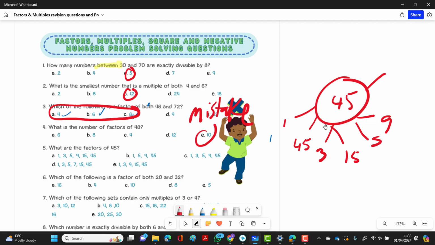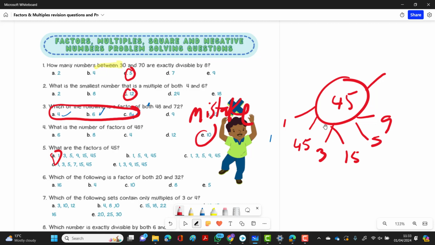I think that's it. So 1, 2, 3, 4, 5, 6. So number 5 is 6. Okay. What's the following?